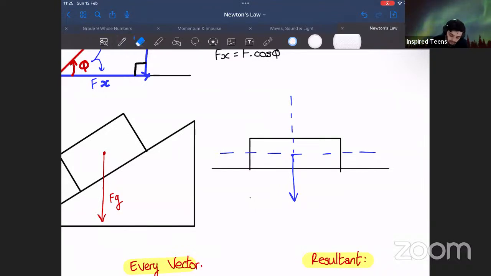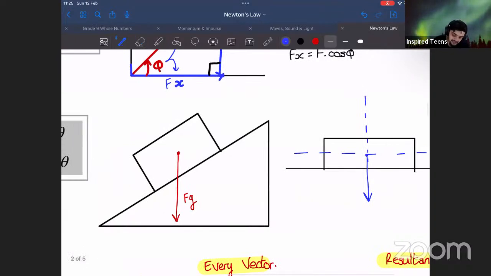However, because the slope is now at a slant, the horizontal axis of our surface is actually slanted as well.